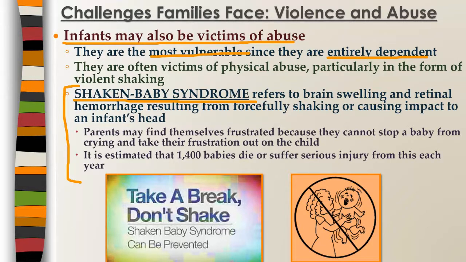They have a little soft spot in the back of their skulls, right? So if you shake a baby, especially with a lot of force, you can cause brain swelling, retinal hemorrhage, and all sorts of other developmental issues, even death, as a result of causing that kind of impact to an infant's head. And it's estimated about 1,400 babies die or suffer serious injury from shaken baby syndrome every year.